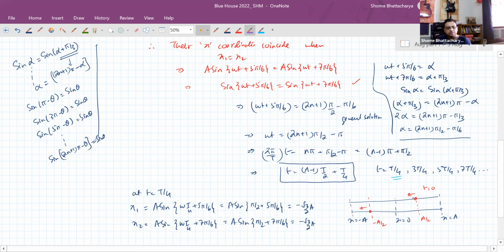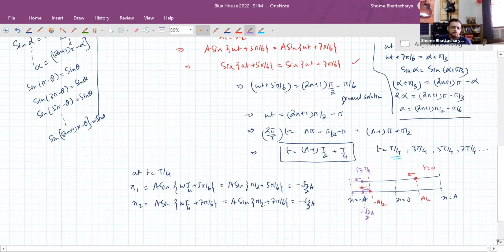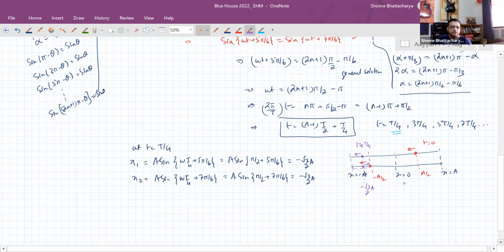So, you know, by the time this has reached here directly, it's moving in this direction, this one has actually gone like this and come back, and it's here. So their positions coincide at minus root 3 by 2. So this is the visualization of it on the linear graph, I mean on the linear paths.